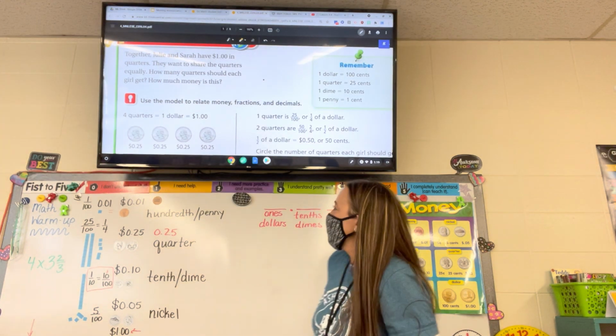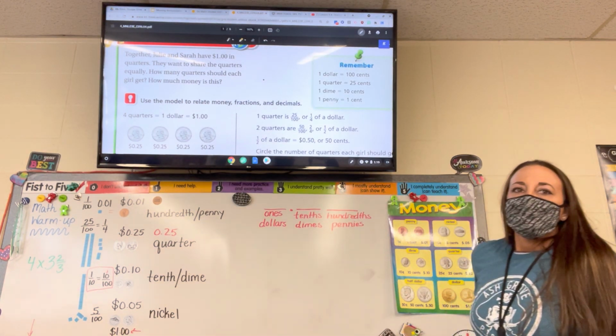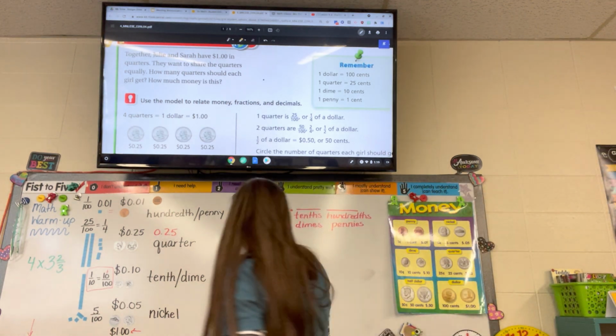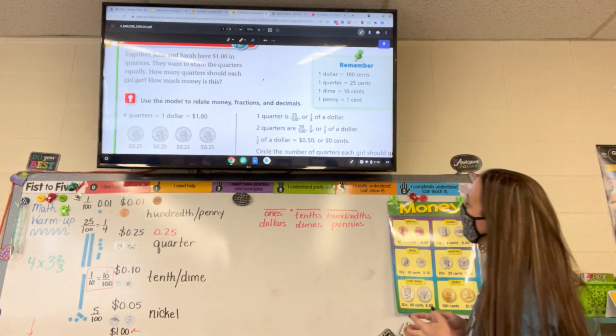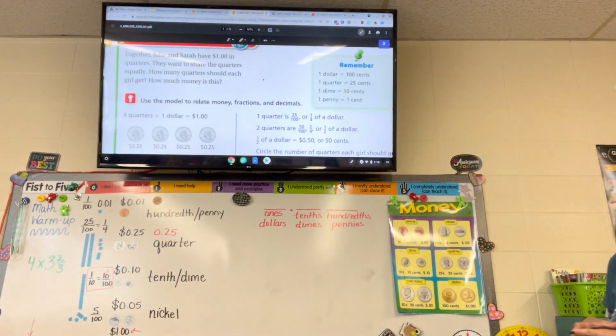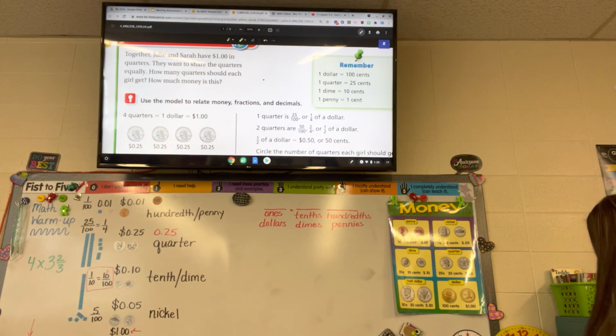It says together, Julie and Sarah have $1 in quarters. They want to share the quarters equally. How many quarters should each girl get? How much money is this?